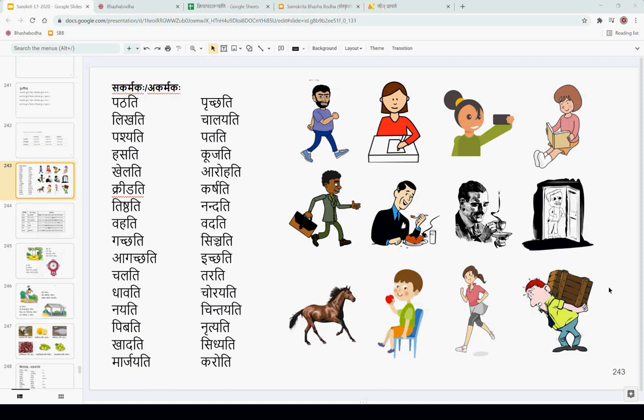It's actually reaching. Balakaha shalam gacchati means actually he is reaching the school. That is the actual meaning there.